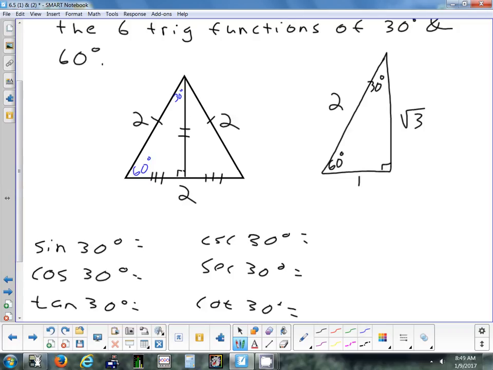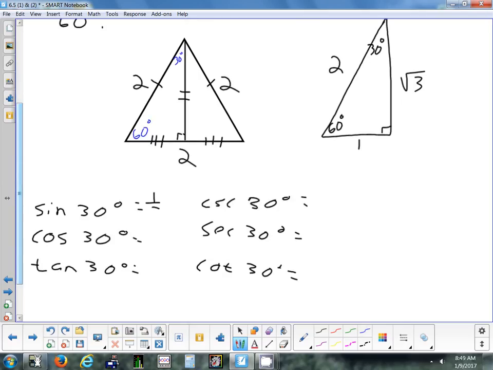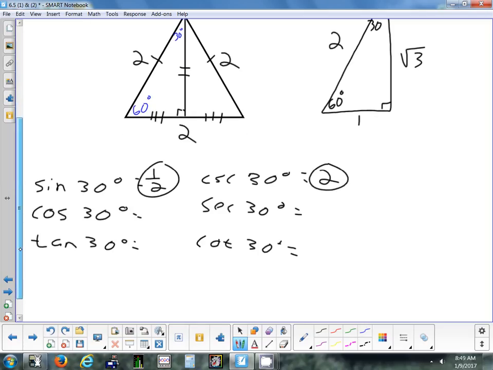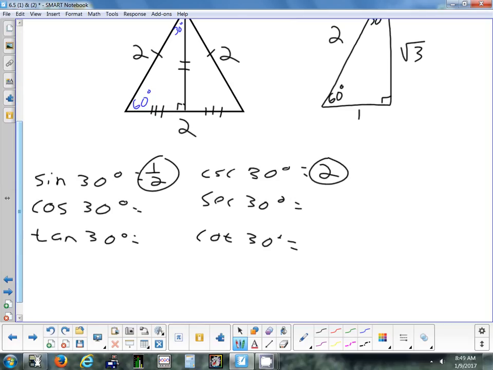Well, Andrew? 1 over 2. Yep, opposite over hypotenuse, so it's 1 over 2. So let's do the cosecant at the same time. 2. That's a nice one because there's no roots.